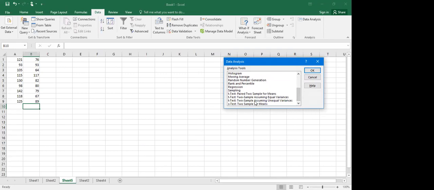I want you to also observe that each time you have data, you can use Excel for these other three tests that we are going to do. So this is paired data. When the data are given in pairs, you use the t-test for paired data.